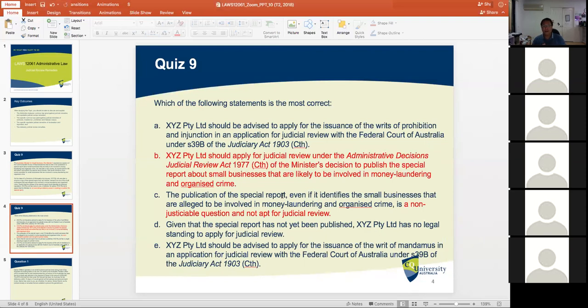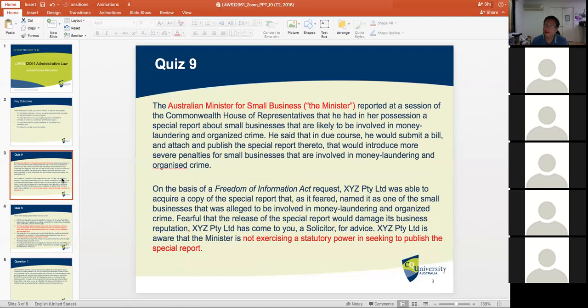Okay? Now, what do you remember about the writ of mandamus? The writ of mandamus involves an order from a court to compel the performance of a public duty that hasn't been performed yet. So you wonder, does the scenario here involve the performance of a public duty that hasn't been performed? Is there a public duty of any sort?